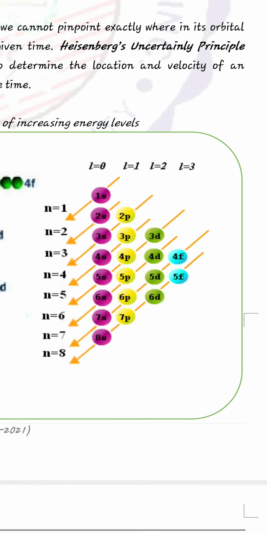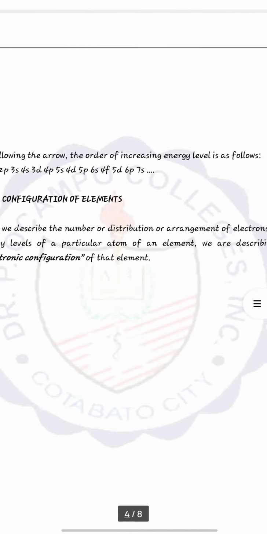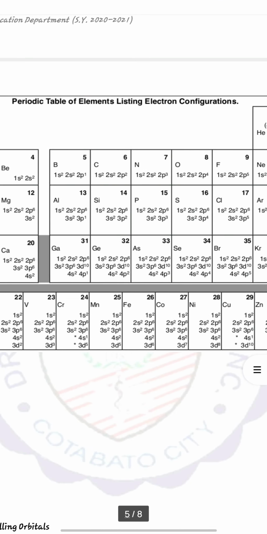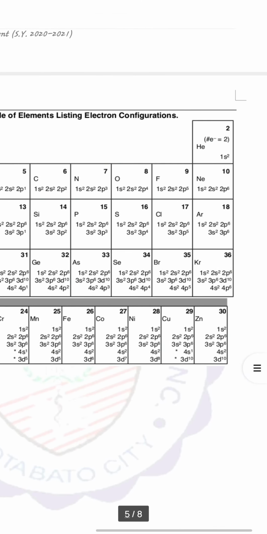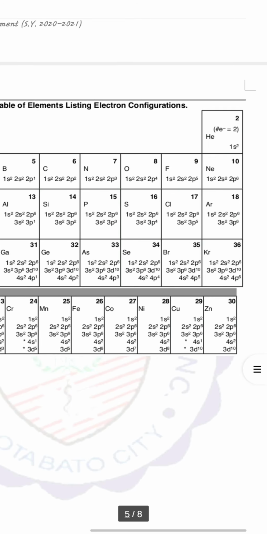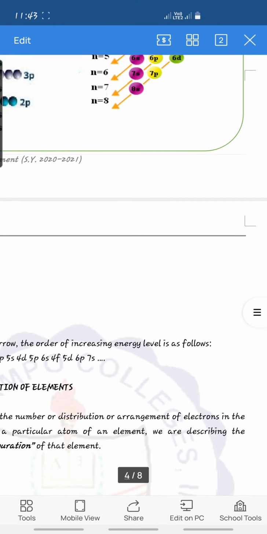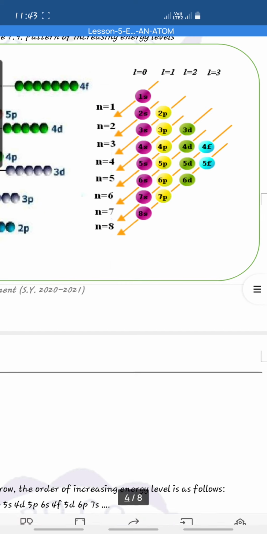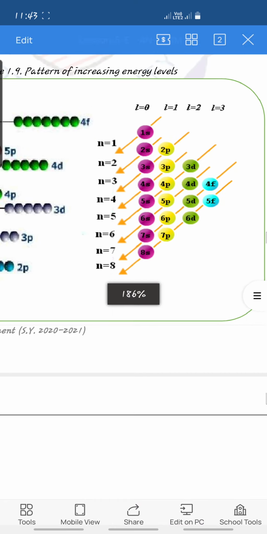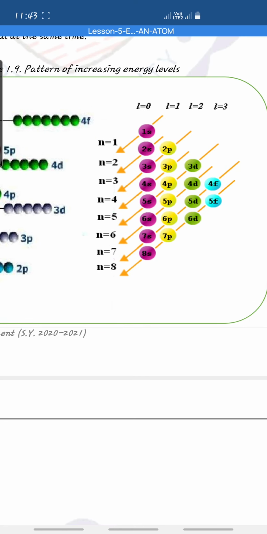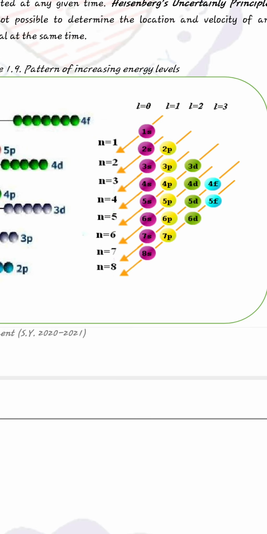Okay, so another example. Let's have bromine for the next example. The atomic number of bromine is 35. Okay, so now let's go to the pattern. Since bromine is 35, let's start, again, with 1s2.